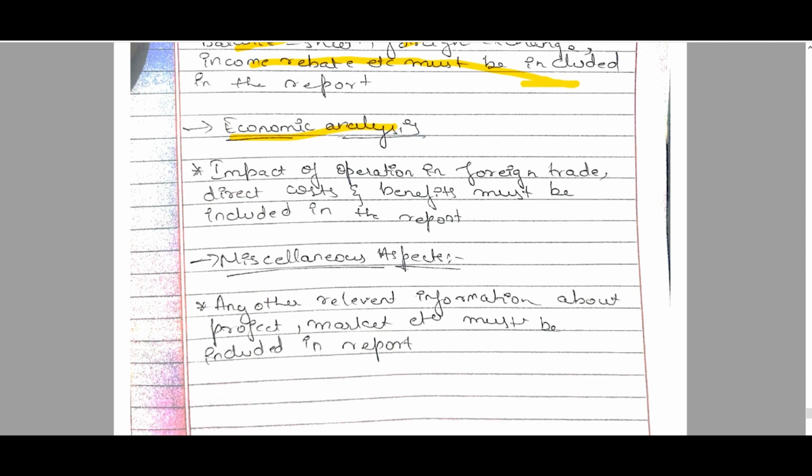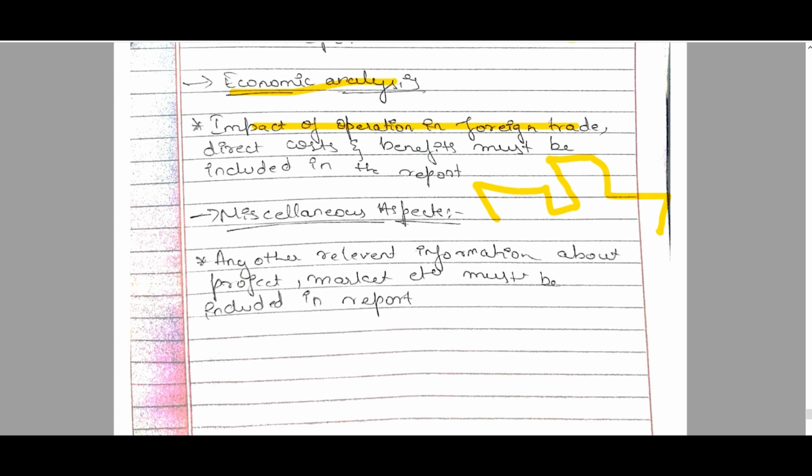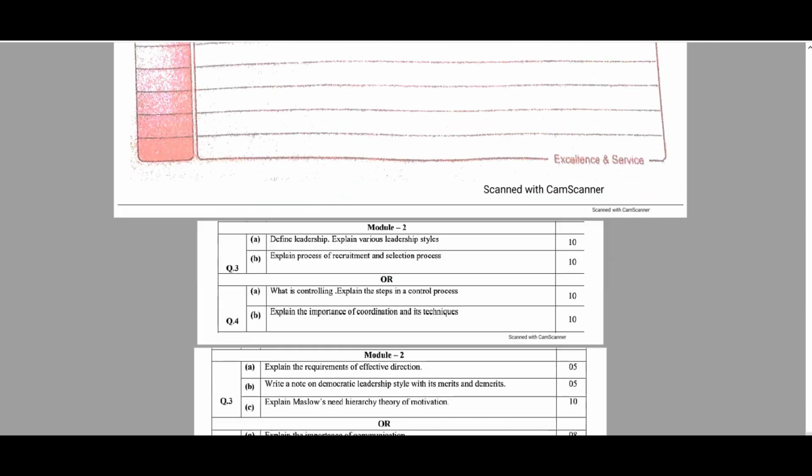In economic analysis, the impact of operation in foreign trade. So if we export a car to another company, how much will the Indian economy benefit? It must be included in the report. Miscellaneous aspects: other relevant information about the project, market, etc. must be included in the report. Other such items like salaries, bonuses, ESOPs, etc. must be included in the report.